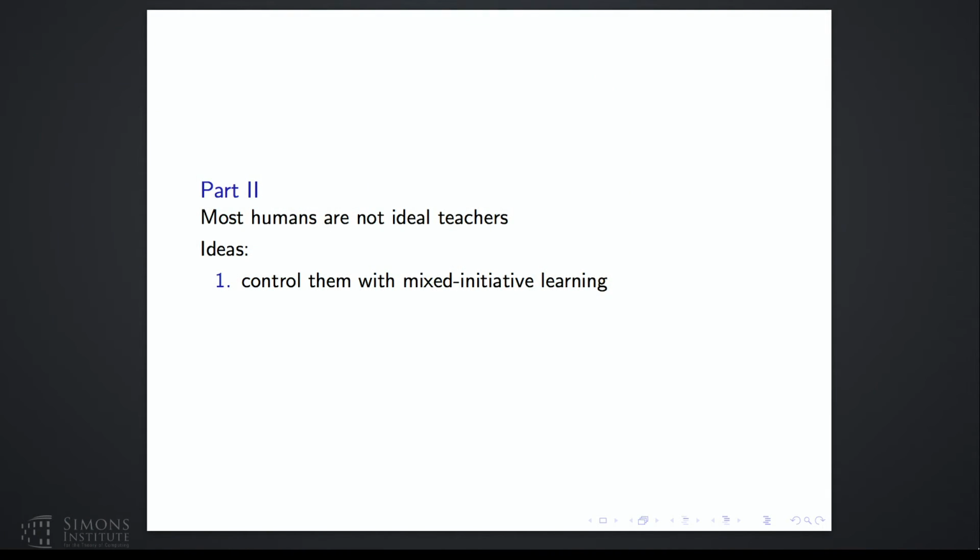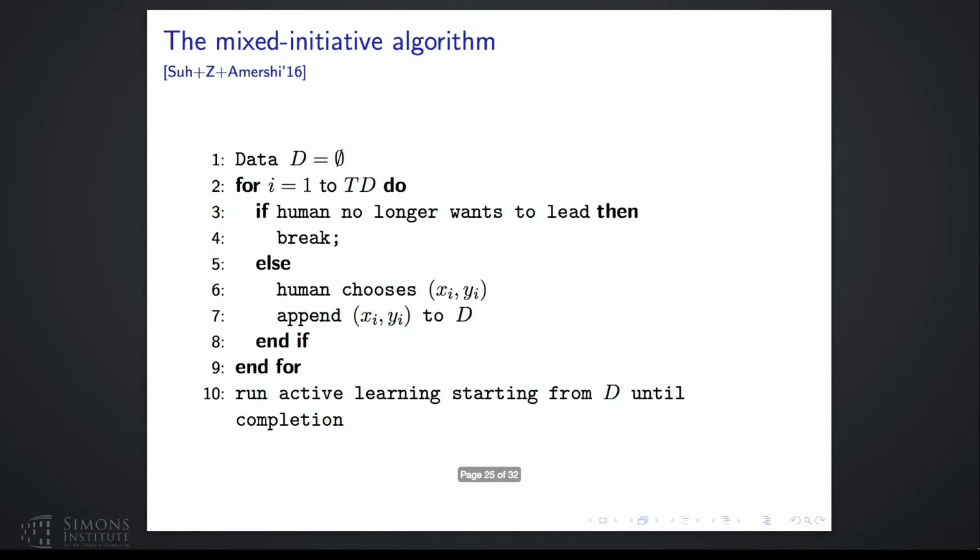Okay. So faced with this, there are several ideas that I think can be useful for making the teachers more like ideal teachers. The first one is to control them, but let me explain what this is. Here is the algorithm. Very simple. It is an algorithm that the computer runs, ready to receive teaching from the teacher. For the first teaching dimension iterations, I'm going to let the human give me XY pairs.